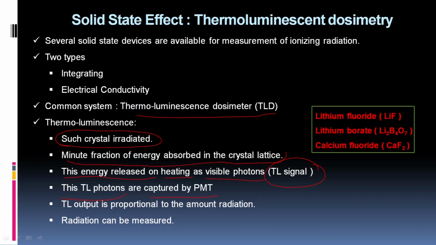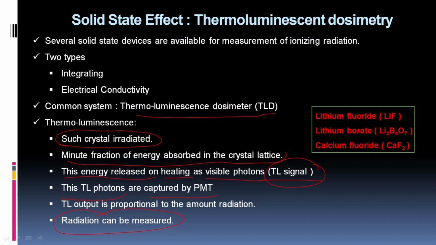If these types of crystals are irradiated, a minute fraction of energy is absorbed in the crystal lattice, and this energy is released on heating. If we heat the exposed crystal, then we get visible photons, that is the TL signal, and these TL photons are captured by a photomultiplier tube, and the TL output is proportional to the amount of radiation, and from this TL output we can measure the amount of radiation absorbed by this crystal.